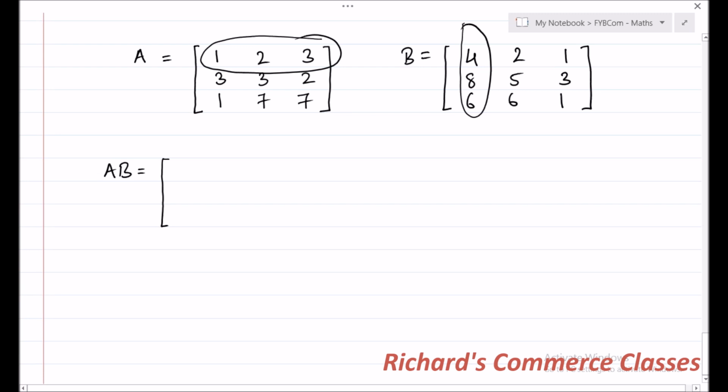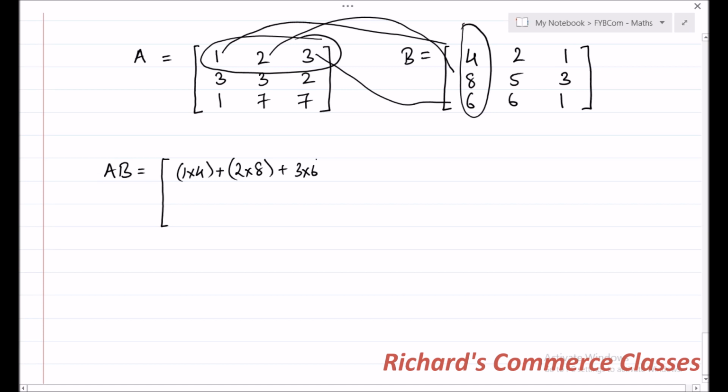It will be 1 into 4 plus 2 into the next element, that is 8, 2 into 8, and finally 3 into 6. Now the first column is over.